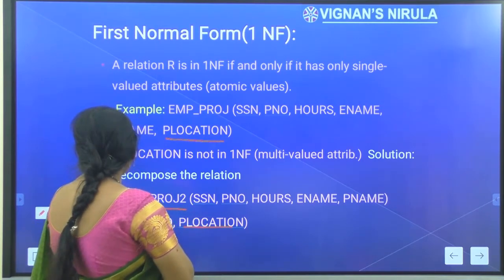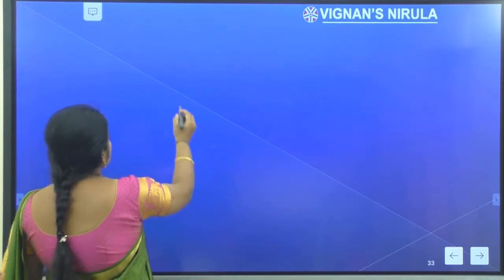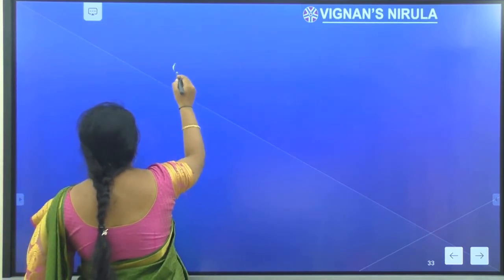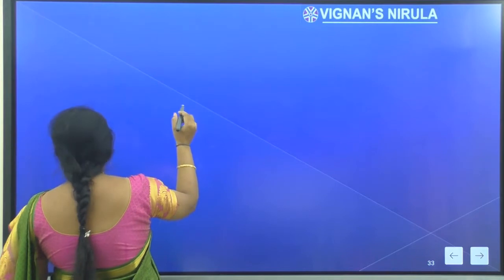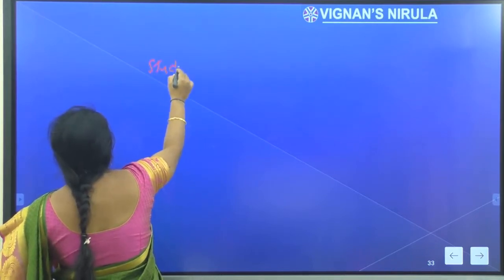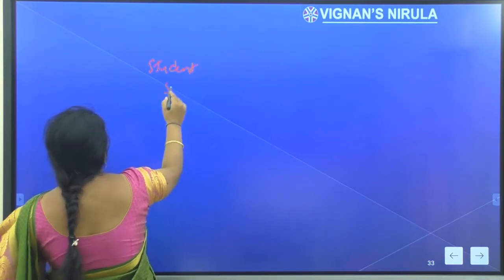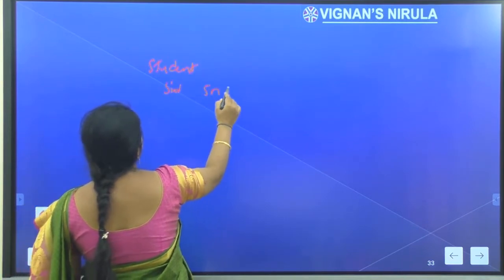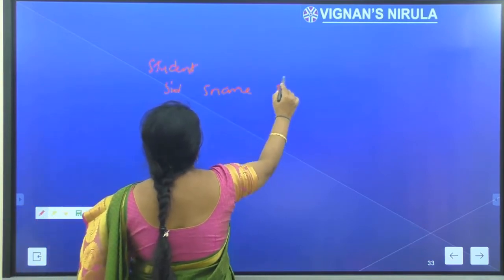In a better way, we can take another table, such as a student table. The student table consists of student ID, student name and phone number.